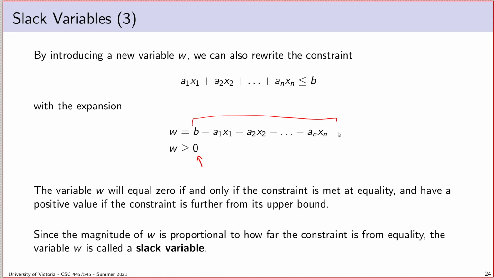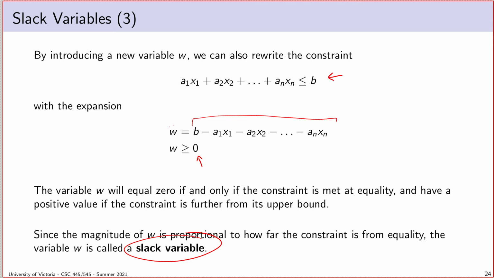And we'll call W a slack variable. So W is going to equal 0 if and only if the constraint is being met at equality, if the constraint is operative. And we might remember from the previous lecture that a constraint is met at equality if you are standing on the boundary of the feasible region defined by that constraint.